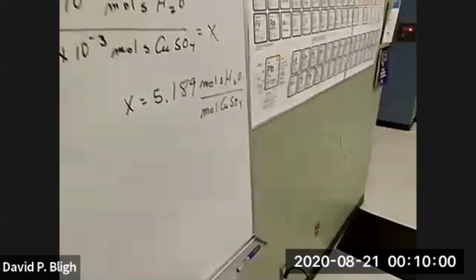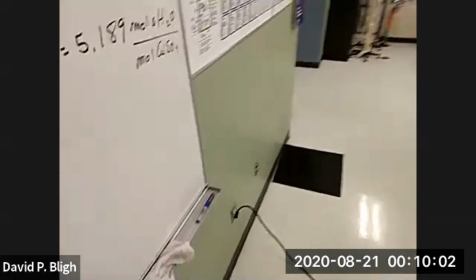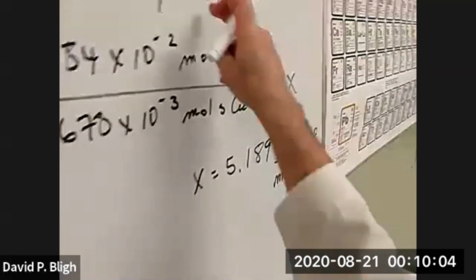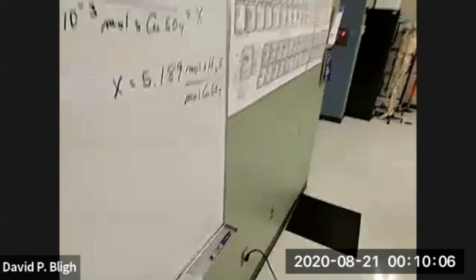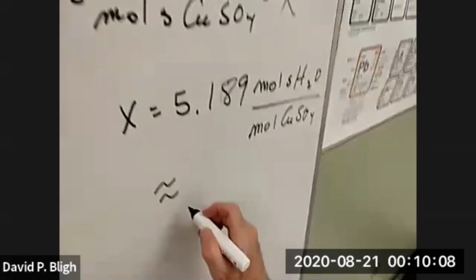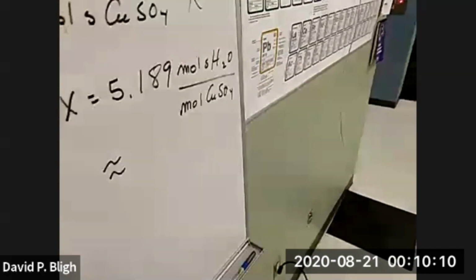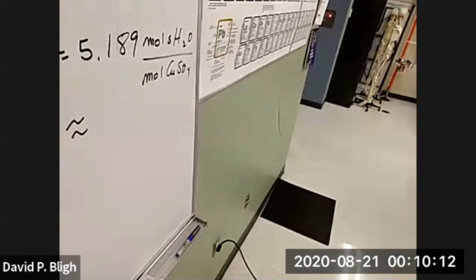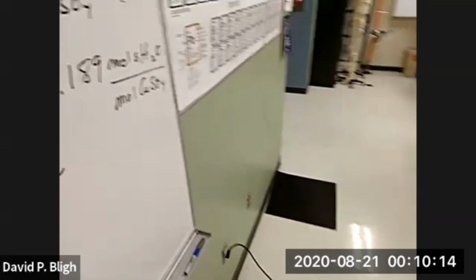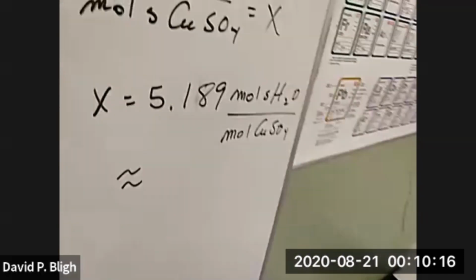Right? But this needs to be a whole number. So we've got to approximate that to the nearest whole number. Experimental error, that was probably, who knows? We could have measured something wrong. We could have not heated it long enough. Anyway, averaged out is equal to 5.